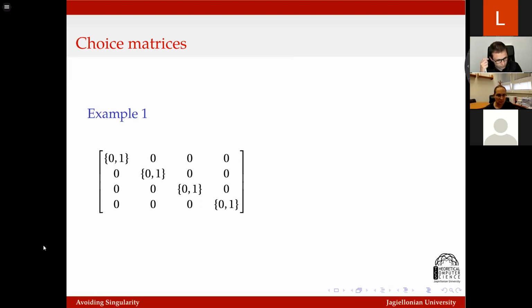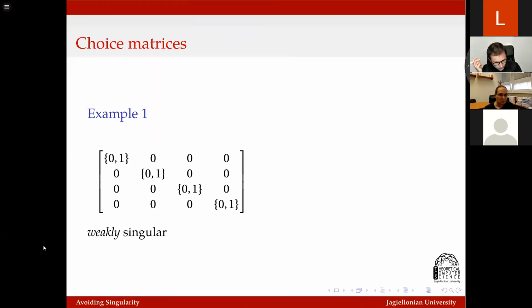In this example, if we choose 1 for each of the three entries, we get a non-singular matrix, but any other choice is bad, because then we get a 0 row or 0 column, and we get a singularity. So in this example, we can have a singular matrix, we can have a non-singular matrix, and there's only one way to get a non-singular solution.